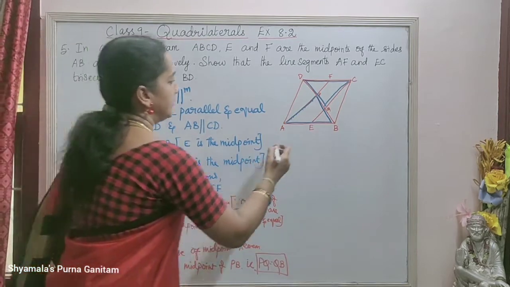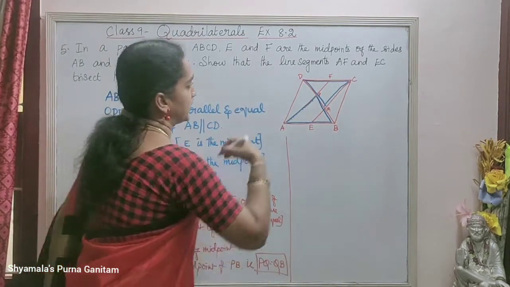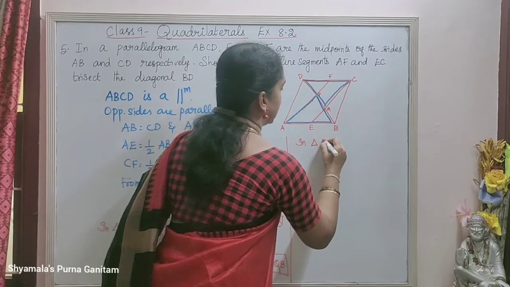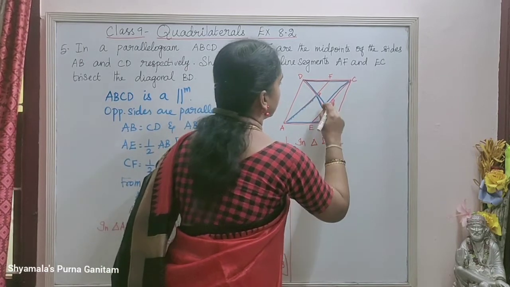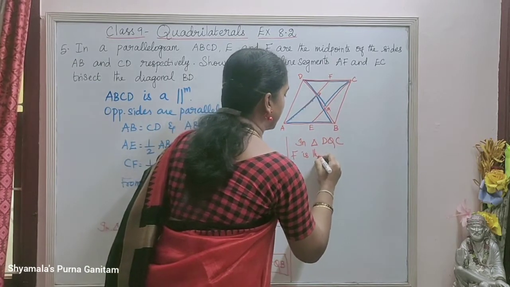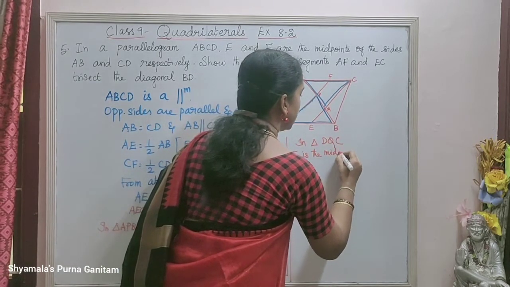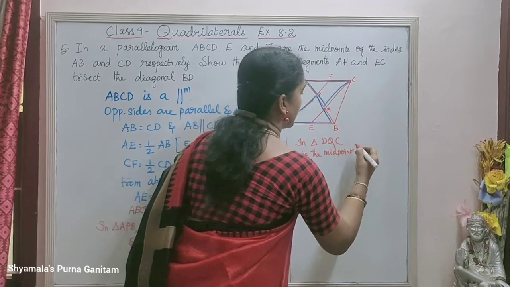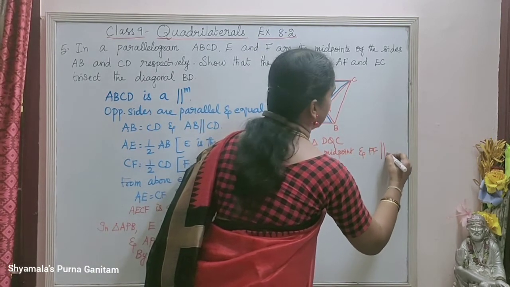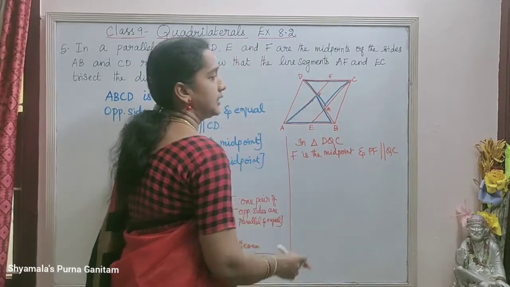Now we will take the other set of triangles. In triangle DQC, F is the midpoint and PF is parallel to QC.